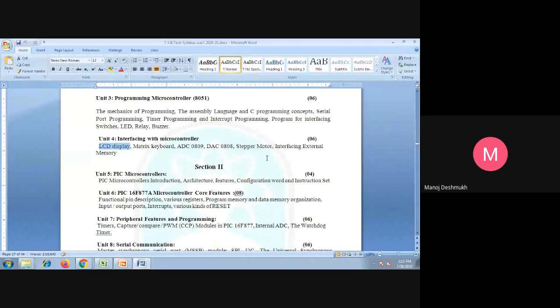So this chapter is very important for designing application based systems using a microcontroller, any microcontroller. Now we are discussing 8051. Further we will discuss PIC microcontrollers. Okay, so this is related to the importance of the chapter. After that, objectives.